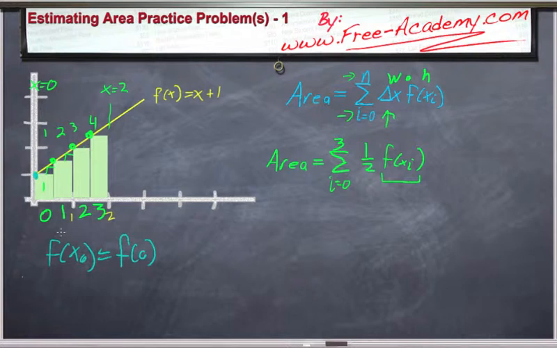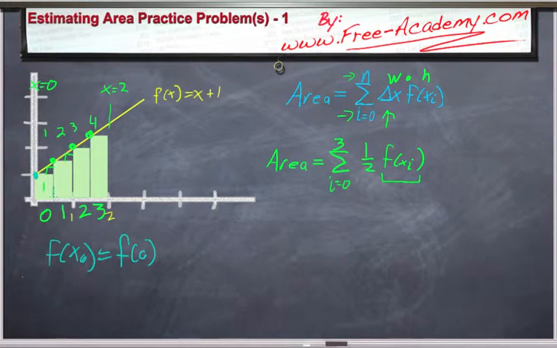You figure this out by inspection. Our very first rectangle, we already know the width is delta x, and the height is where the upper left hand corner touches the function. So this has to be at x equals 0, and f of 0 is our height.